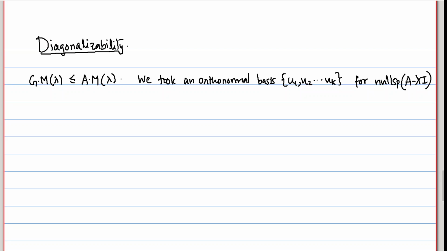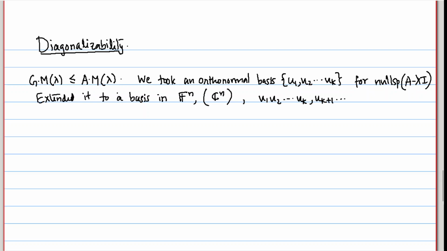Then we extended it to a basis in Fn. F can be R or C, so we can take Cn to be a bit more secure. The basis looks like u1, u2 up to uk, and then uk plus 1 up to un.